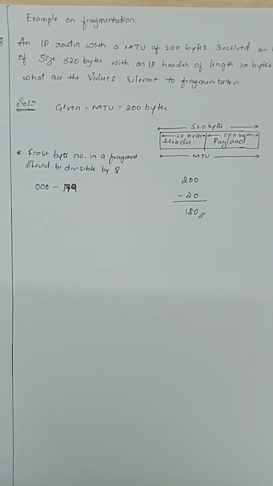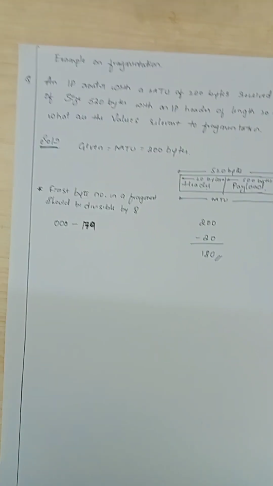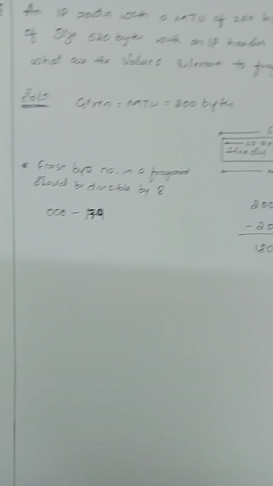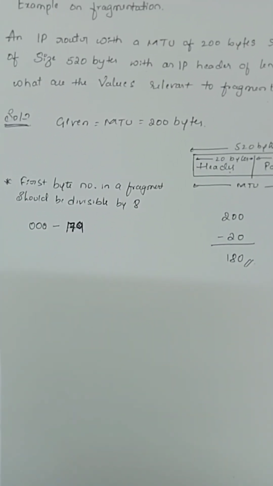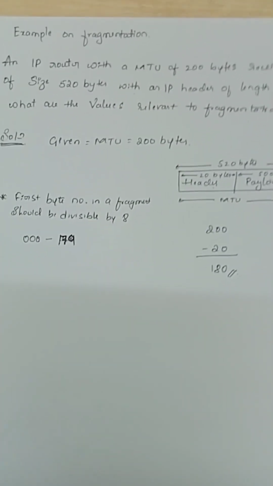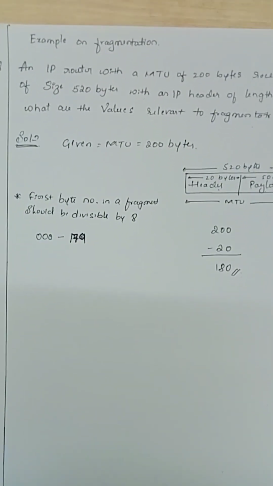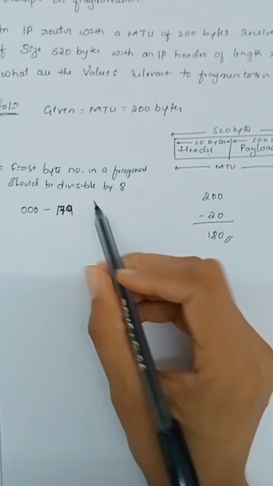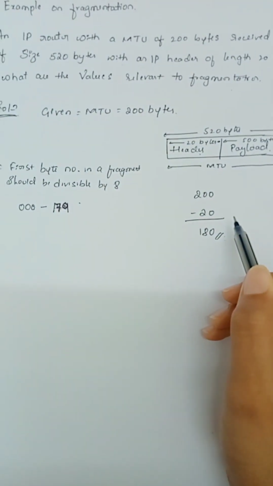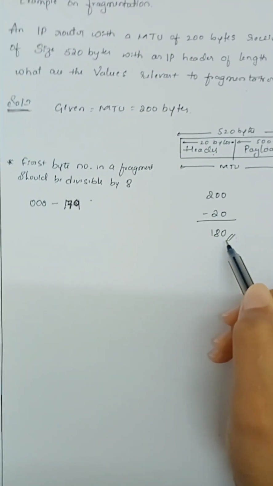Before choosing the first fragment, there is a condition: the first byte number in a fragment should be divisible by 8. The first fragment should have the range of 0 to 179, so you can't consider 180 as a fragment size.